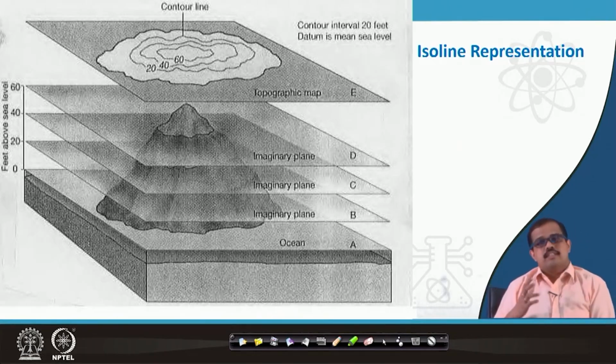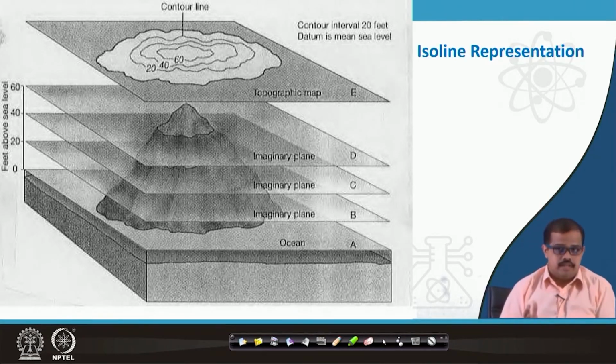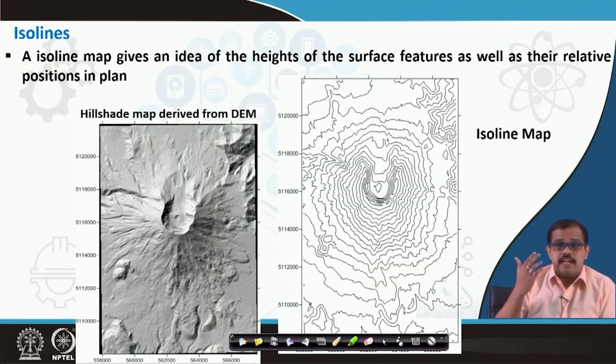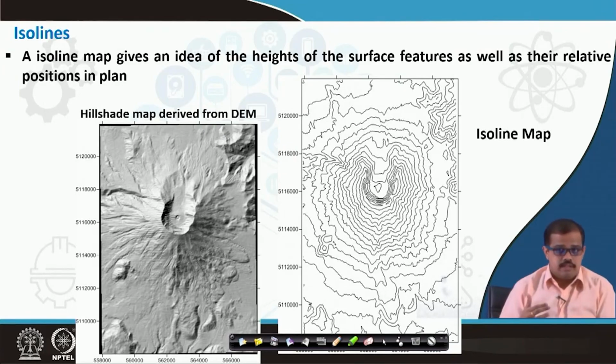That is why we call it an isoline. Okay. So, this is how we represent an isoline. What we have seen here is that the isoline interval is 20 feet. Datum is the mean sea level that we have considered. It also gives an idea of height. That is why we use an isoline.